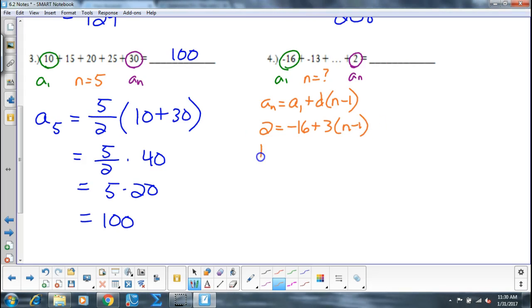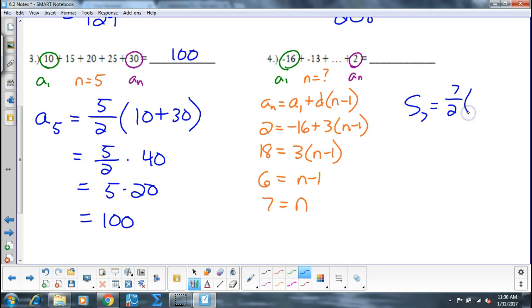Add 16 to both sides. Divide by 3. So 7 is my n. So the sum of the first 7 terms is going to be 7 divided by 2 times negative 16 plus 2.